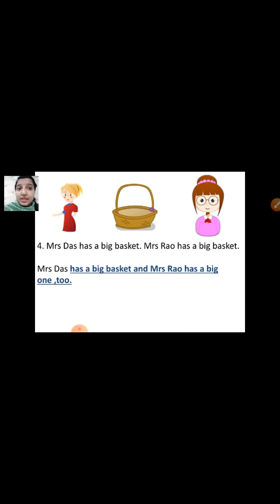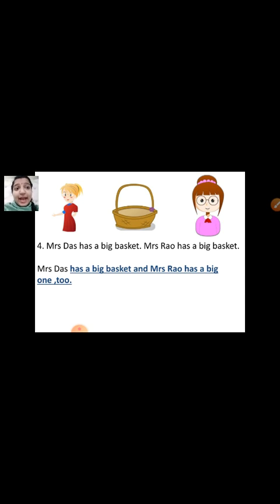Again I am repeating this question. Mrs. Das has a big basket. Mrs. Rao has a big basket. Now answer. Mrs. Das has a big basket and Mrs. Rao has a big one, comma too. Okay? I hope you understood.